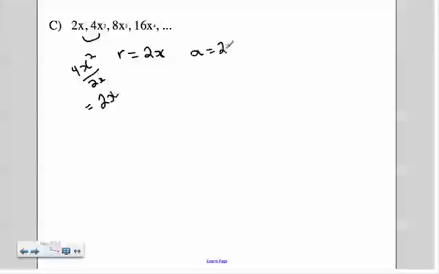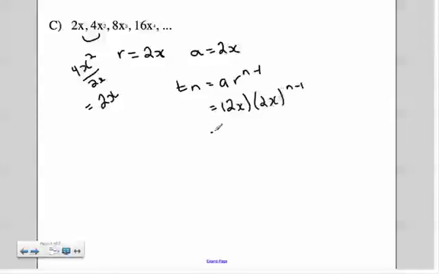A is 2x, so now Tn is AR to the n minus 1, which is 2x times 2x to the n minus 1. Now here is the one exception. I've told you never simplify and never multiply those together. But this is a special case because those are the exact same base.